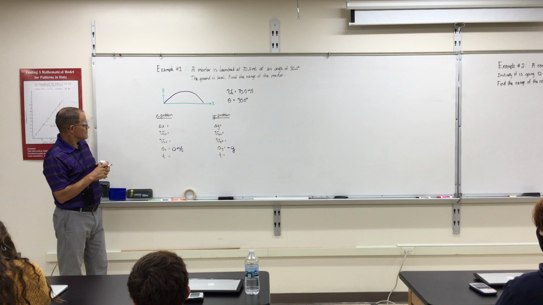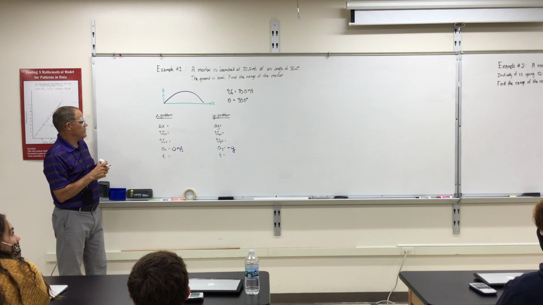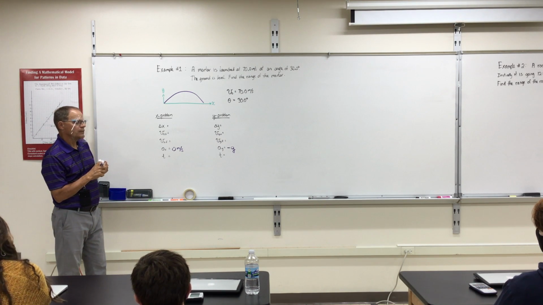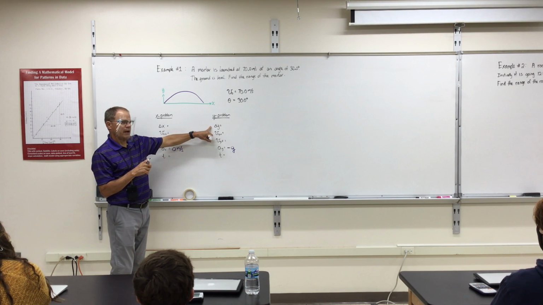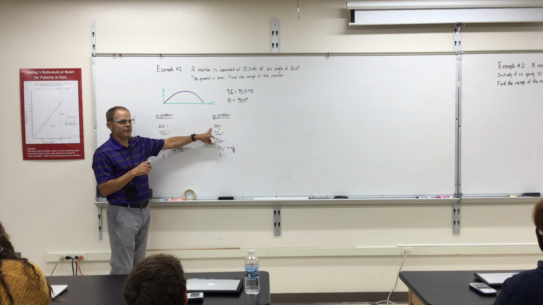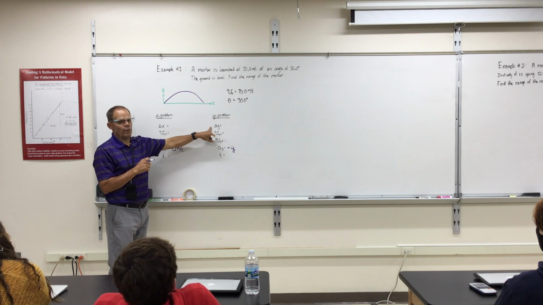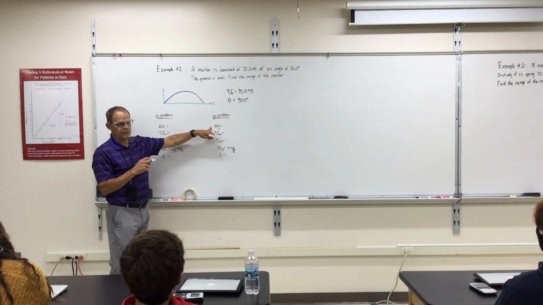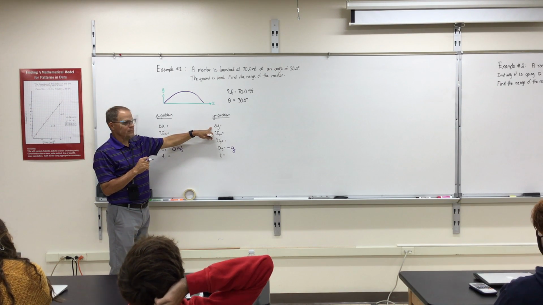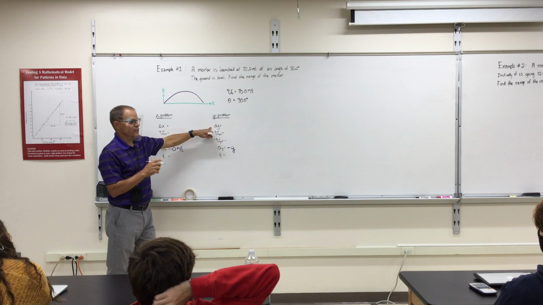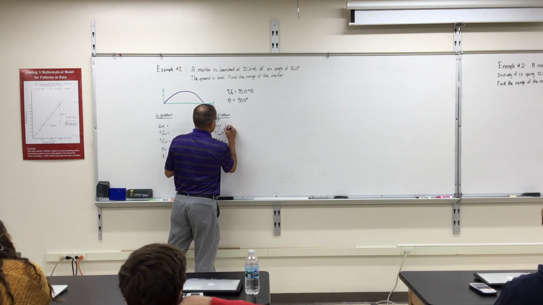There's one or two others. One other thing we know. What is delta y? How high is it at the end of the problem relative to where it started? Sophie? It's 0. Delta y is 0 meters.